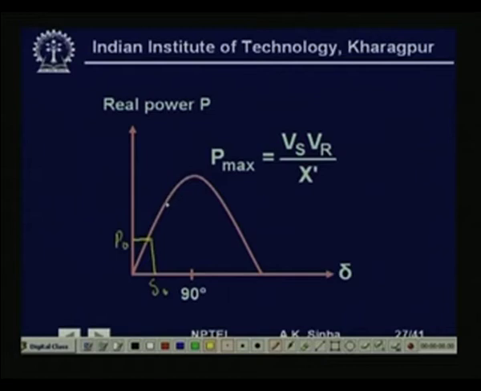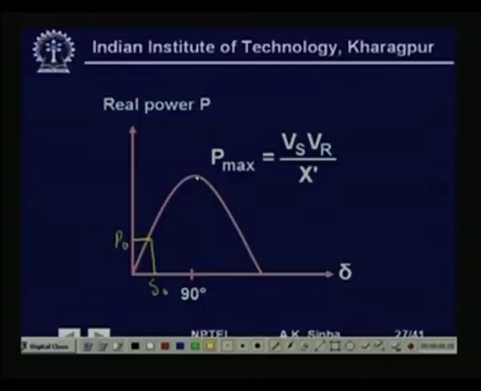That is what we see: if we gradually increase the input to the machine, it will adjust to that and will increase its electrical power output till delta is equal to 90 degrees. Beyond that, it will become unstable, because the mechanical input increase is not going to be accompanied by a similar amount of increase in electrical output.